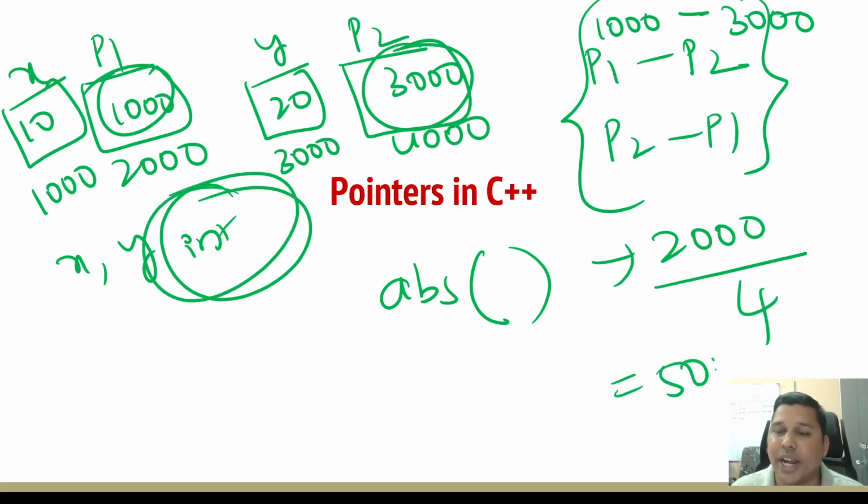So the answer is 500. The difference between the pointers is 500, because there are 500 integer blocks between P1 and P2, or 500 integer blocks between 1000 and 3000. Is it clear? Difference between two pointers.